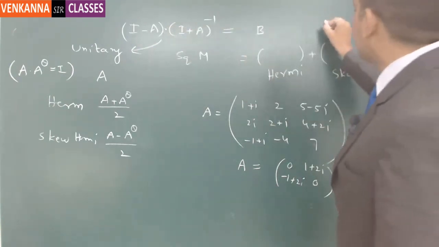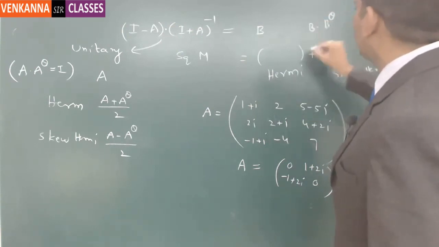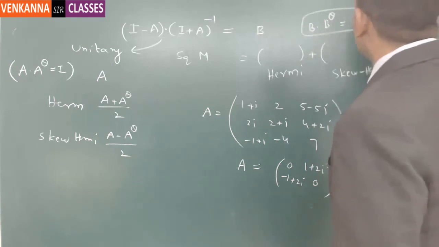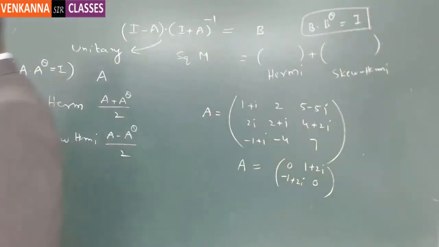Then calculate B^θ, and if you compute B dot B^θ, you should get I. By doing this, you can show that (I minus A) into (I plus A) whole inverse is a unitary matrix. That was the procedure. Are you able to do that? Please tell.